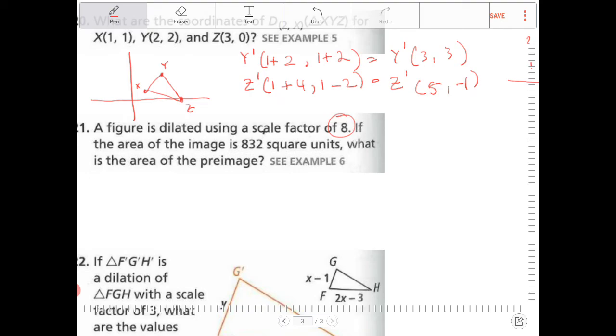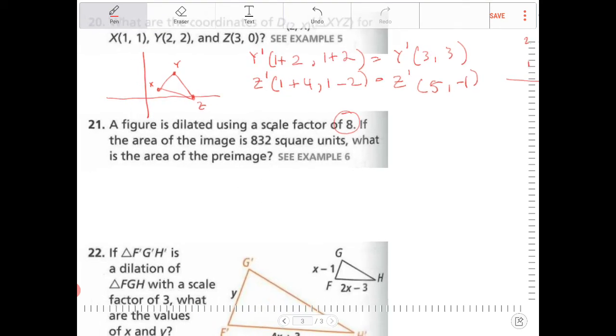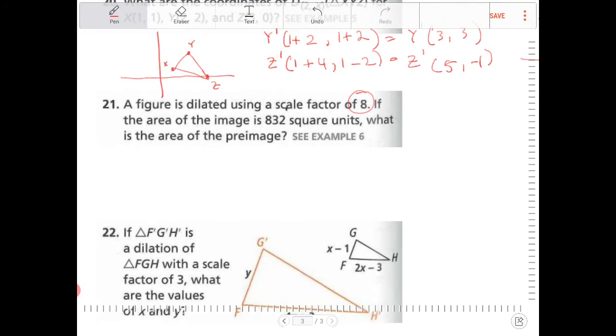There's a property that you should have been able to conclude after having gone through the exercise related to the lesson: when we dilate something by a scale factor of k, the perimeter gets multiplied by k. When we dilate by a scale factor of k, the area gets multiplied by k squared.